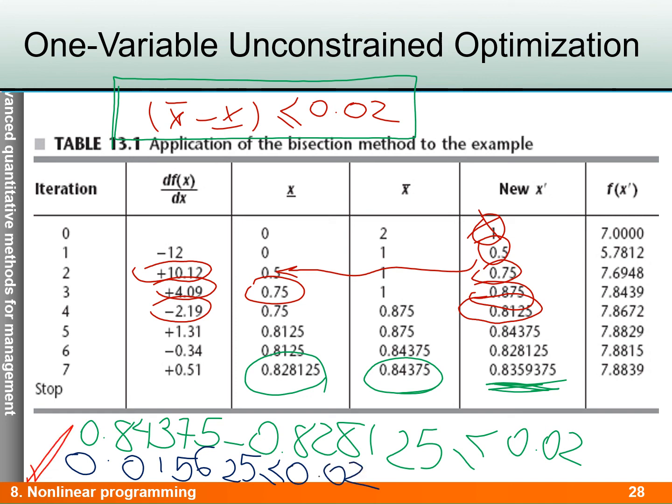So the stopping rule is valid, and my optimal solution is 0.8359375. So this is the explanation of the bisection method.